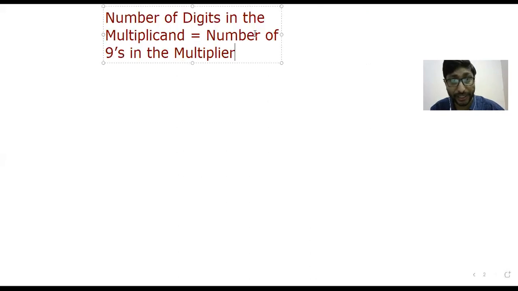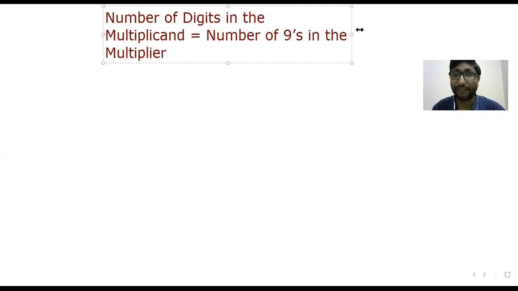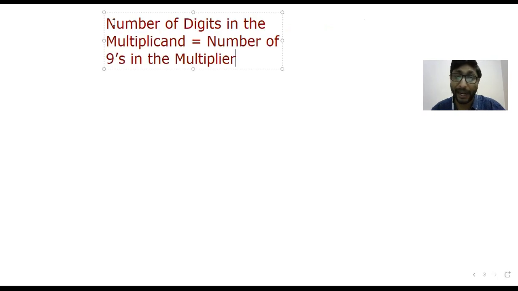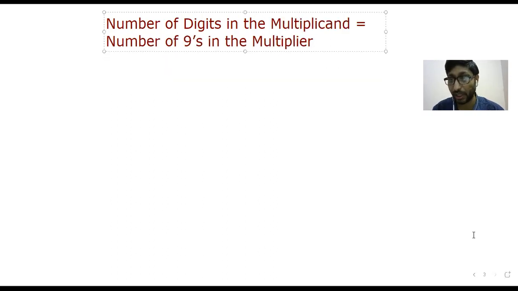The first logic is this. In every multiplication, we have a multiplicand and a multiplier, right? The first logic is that the number of digits in the multiplicand is equal to the number of nines in the multiplier.